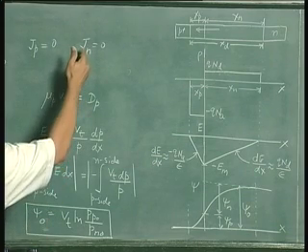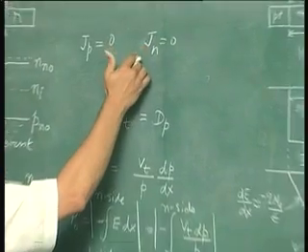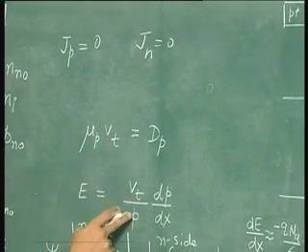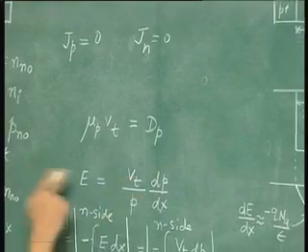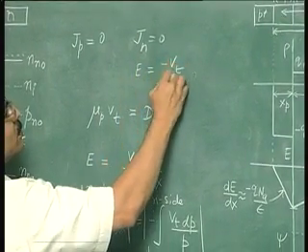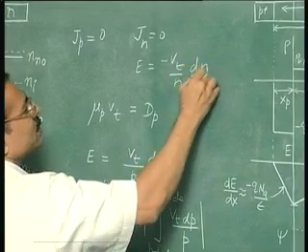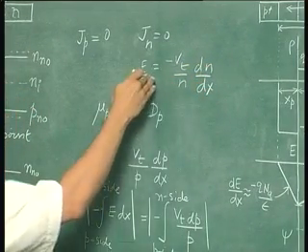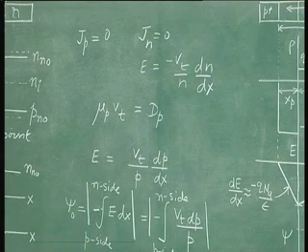You will proceed in the same way. You will write Jn in terms of drift and diffusion, then write the electric field in terms of Vt, n and dn by dx. So you will get the result E equal to minus Vt by n dn by dx. You will get a negative sign here in this case. Then you can integrate this equation to get the Boltzmann relation.